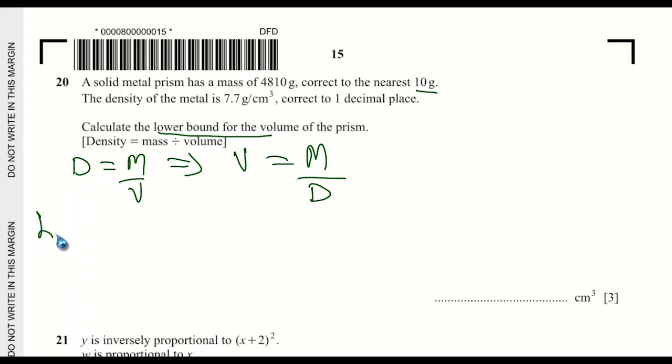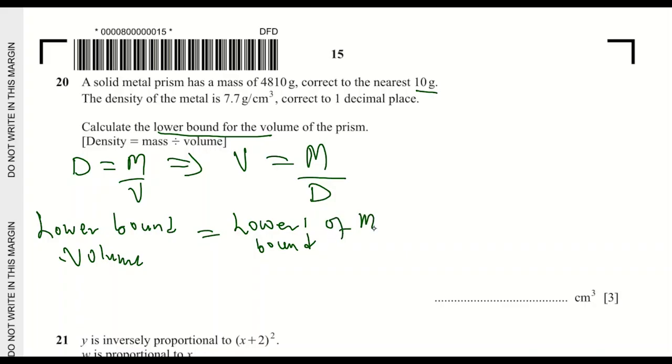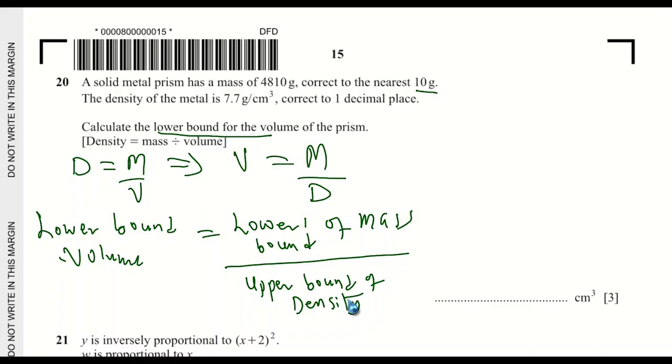So the lower bound for the volume equals lower bound of the mass over upper bound of the density. So now we need to get the lower bound of the mass.